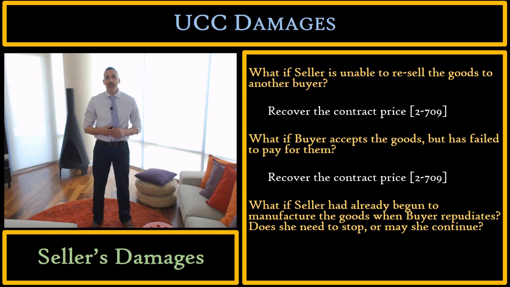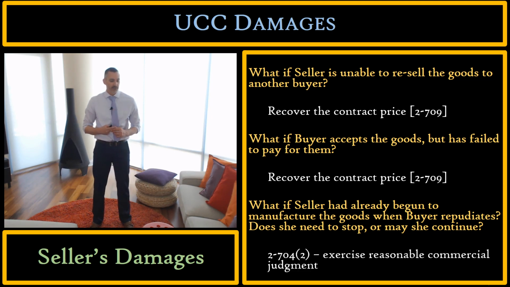Finally, what if seller is a manufacturer and under the contract with buyer, seller has already begun to manufacture the goods? Buyer repudiates the contract. Should seller stop manufacturing, sell what she has already completed to a third party and sell the raw materials for scrap? Or should seller continue to manufacture the goods, finish all of them, and then try to resell them to another buyer?